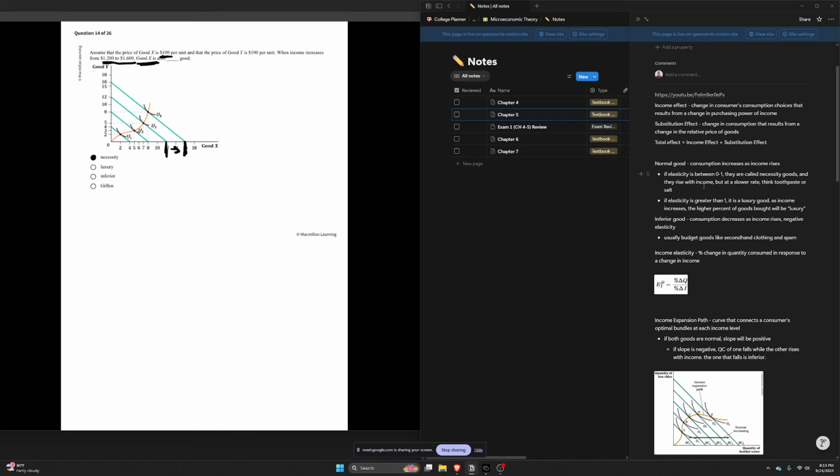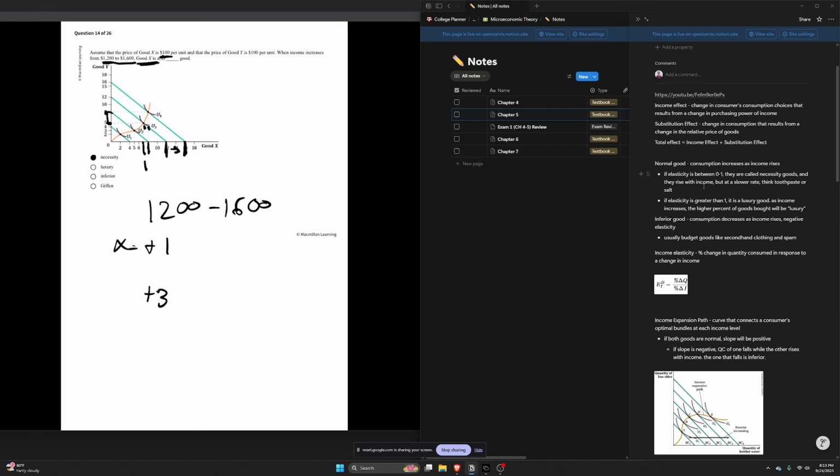Okay, so from here to here, the amount it increases on X is only 1. Although he went from 1,200 to $1,600, the amount of increase that he's buying for X is just 1. Whereas for Y, it went from 5 to 8, so that would be a plus 3.